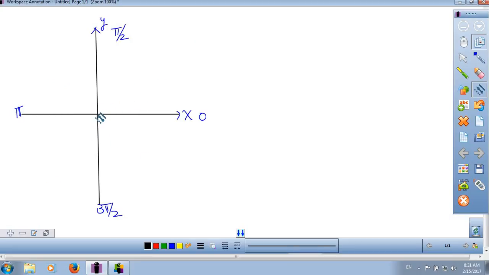Alright, so we divided everything into 8 parts. Another way to divide this is to divide the whole revolution into 6 parts. Oh, actually, let's divide pi into 3 parts.